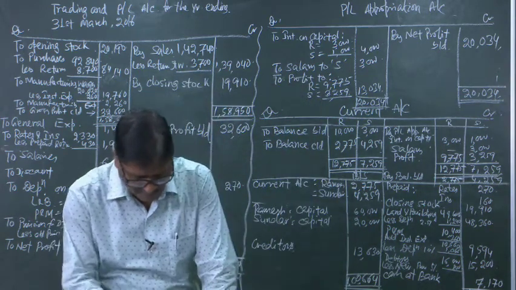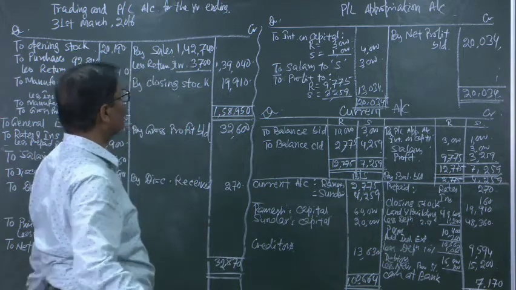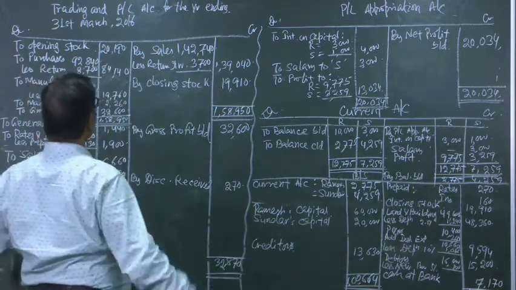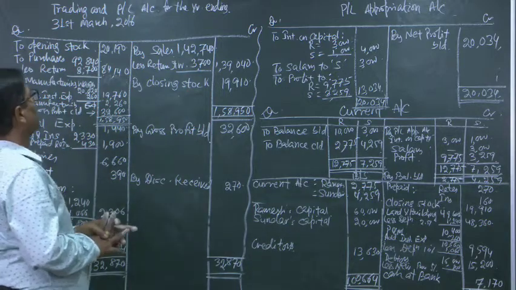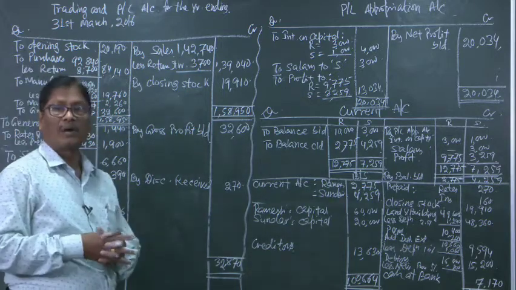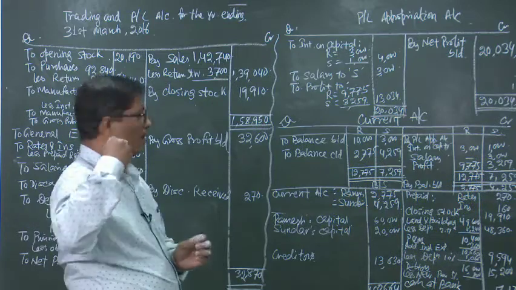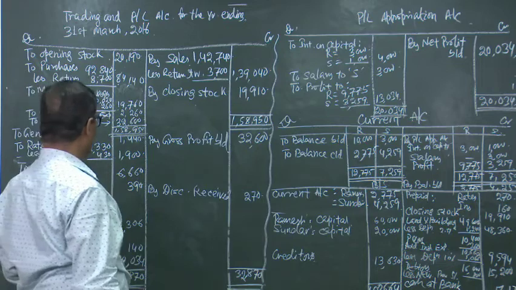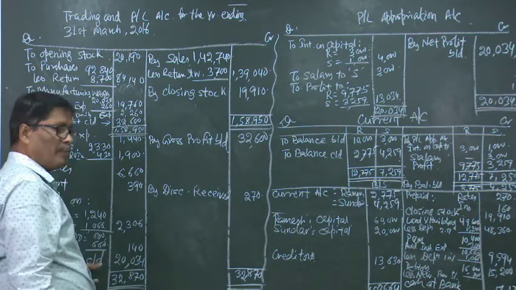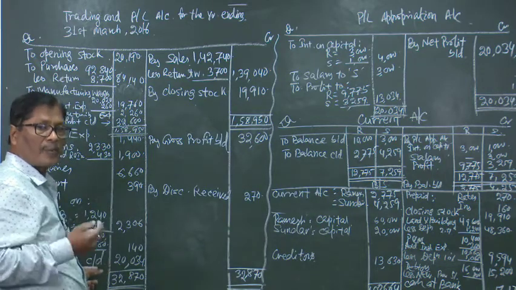Now, what changes we have made? We have made a little bit of changes when we are preparing the trading and profit and loss account of a partnership firm. In case of a sole trading organization, the entire profit belongs to the proprietor himself.